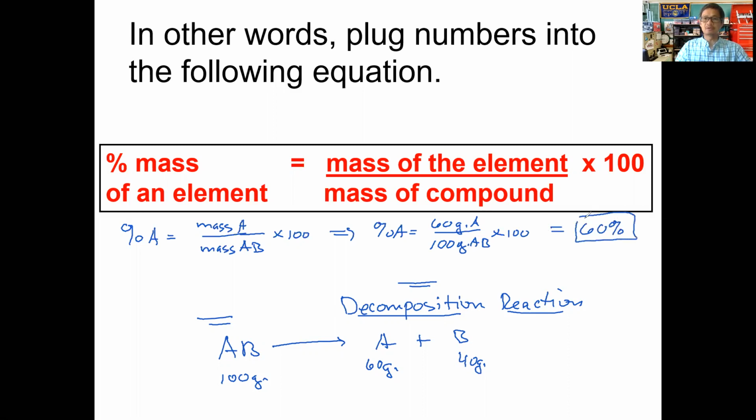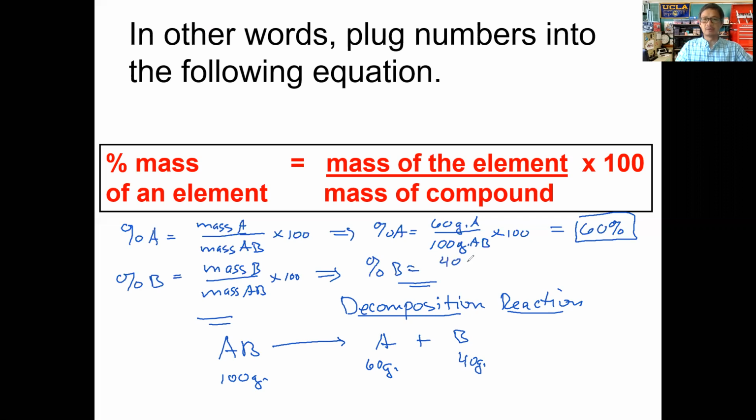And that's how, folks, we get the percent composition. Doing the same thing for B then: the percent of B is going to be the mass of B over the total mass of the compound, which is AB, which is what we started out with, times 100. Which means then the percent of B is going to be 40%.